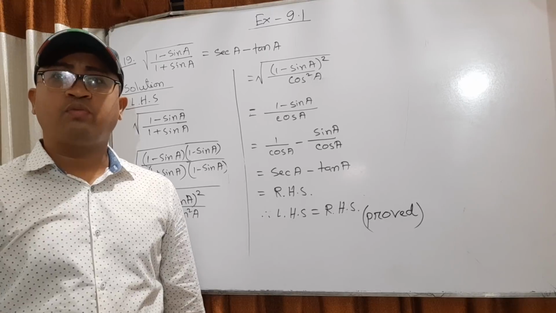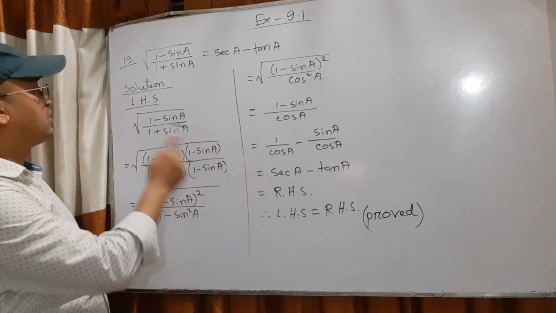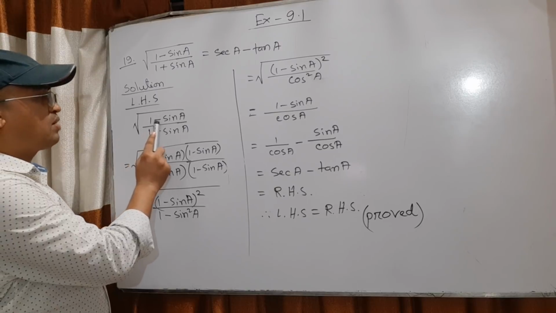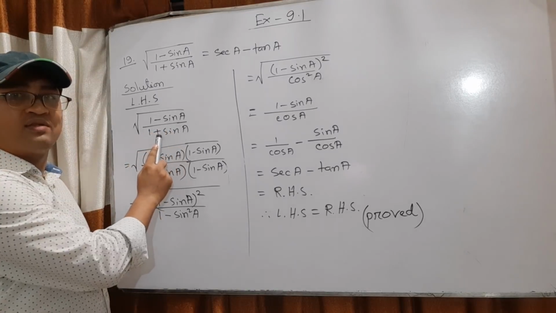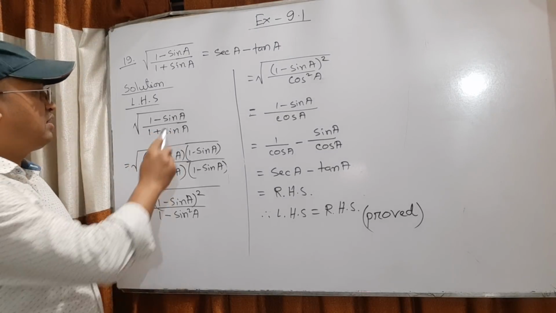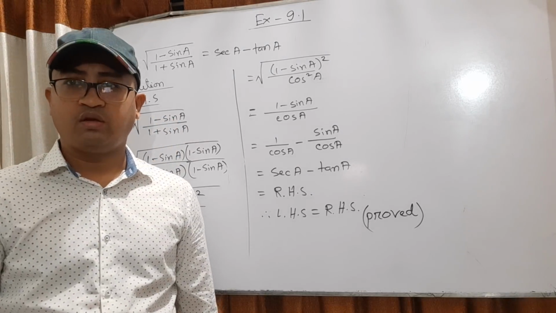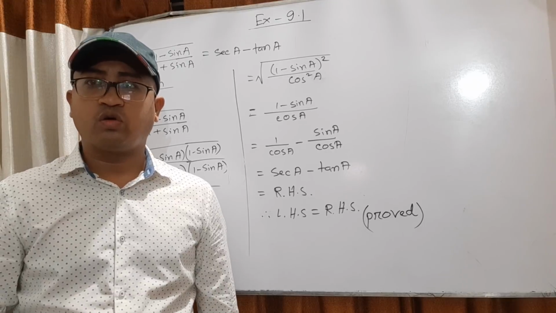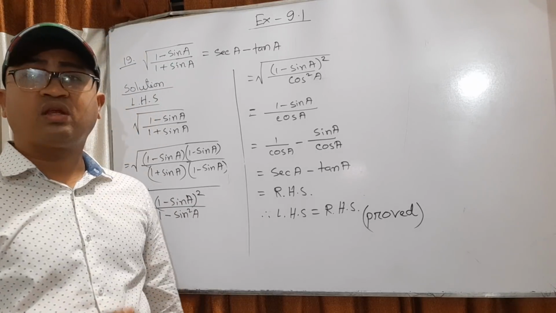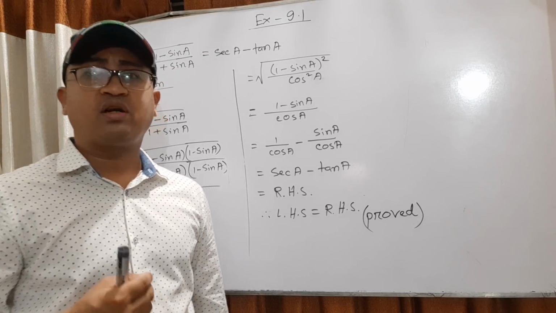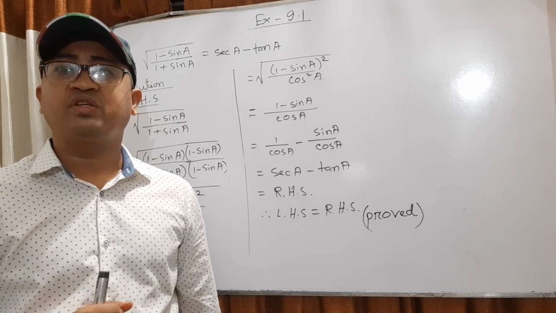So we will start from the left hand side. Here the left hand side is root over 1 minus sin a by 1 plus sin a. Here there is a root over. When there is a root over, you should remove it. To remove the root over, you should multiply by some term so that it becomes a square.